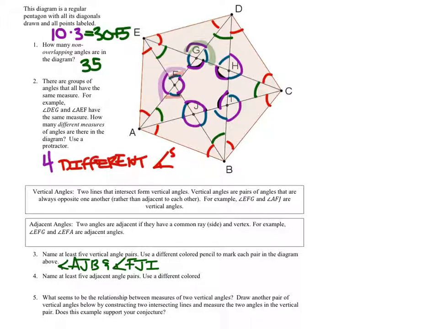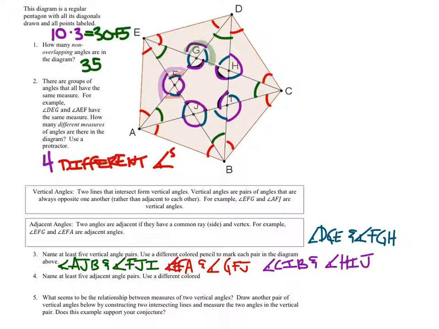And then we also have, I guess we did AFJ, so let's do EFA and angle GFJ. Bam. Then we also need one more. Let's look at some different types here. So there are 5 of our vertical angles right there.